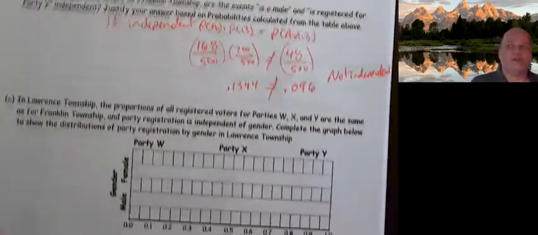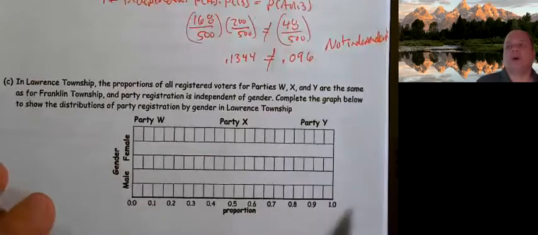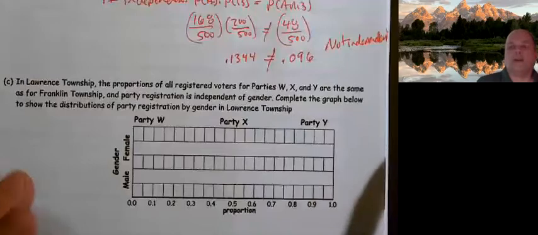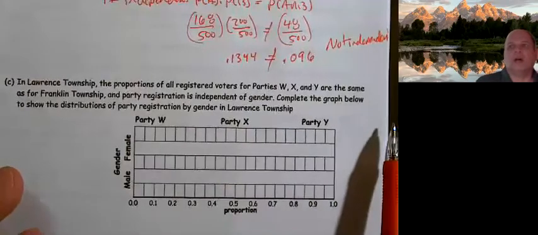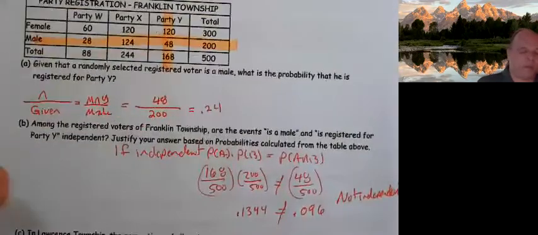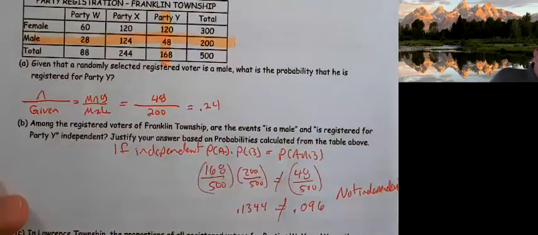All right. In Lawrence Township, the proportions of all registered voters for parties W, X, and Y are the same as for Franklin Township. All right, so let's just look at that. Well, what was for party W?